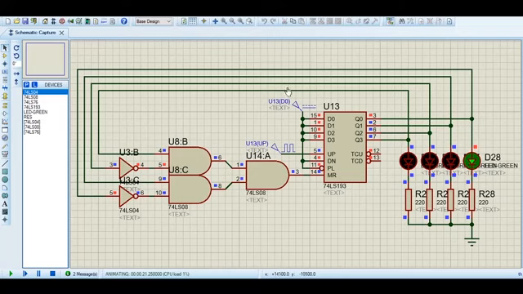Those outputs are checked by this combinational circuit such that when the output is 1, 0, 1, 0, or binary 10 and inputted here to this part of the circuit, this AND gate gives an output of 1, thereby triggering the clear or reset operation of the counter, and the count goes back to 0, and then the counting repeats. So therefore, we shall only see the count of 0 to 9 continuously, as you can see on these outputs.